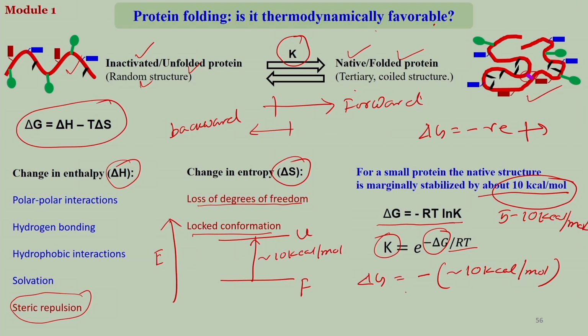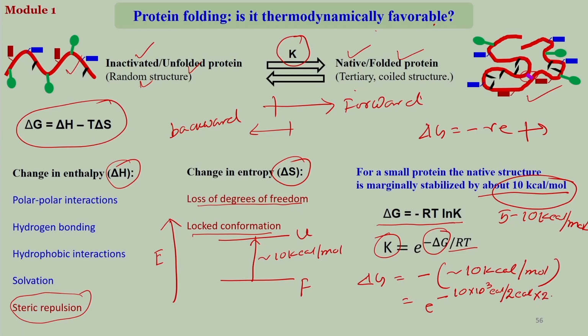Now, if it is minus 10, then it comes down to e to the power minus 10 kilocalorie, means 10 into 10 to the power 3 calorie, divided by R. R in terms of calorie is 2 calorie. So, 2 calorie will cancel each other, into temperature.